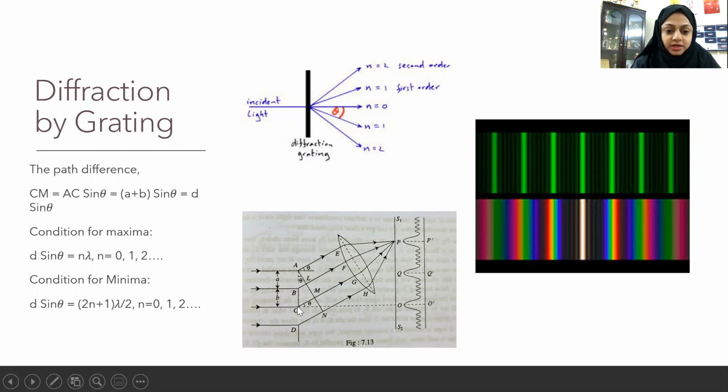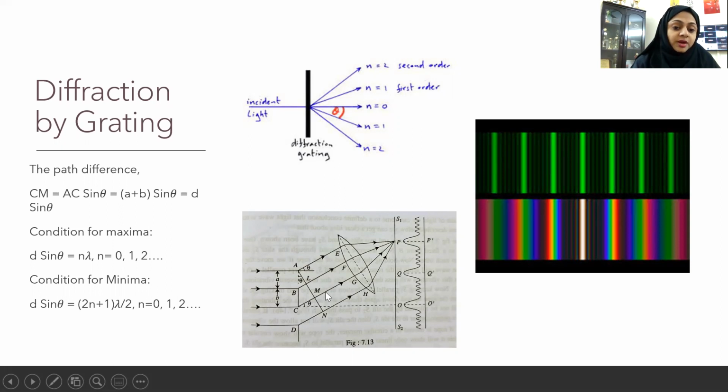Another light ray coming from C goes to the point G and then goes to the point P. So what is the path difference between the light rays coming from point A and point C? If you draw a perpendicular from A to CG, which reaches CG at point M, the path difference between the light ray that goes from point A and the one that goes from point C will be CM.